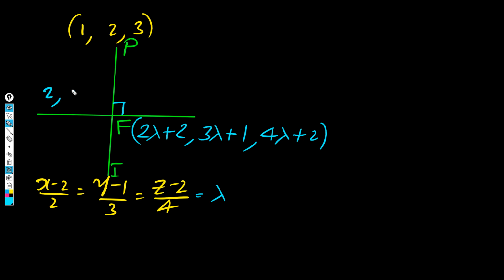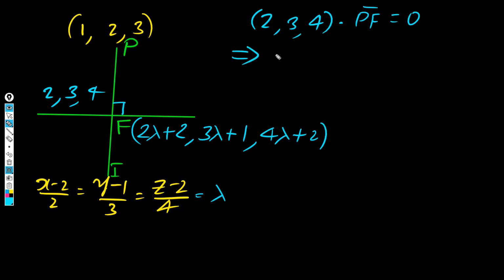So 2, 3, 4 dot PF bar must be 0. Why? Because they are perpendicular, the dot product becomes 0.